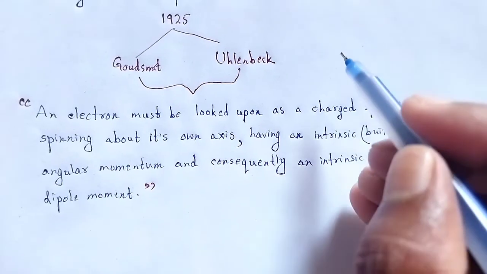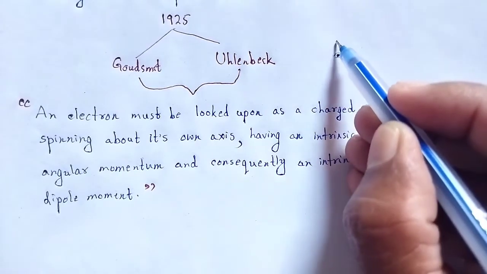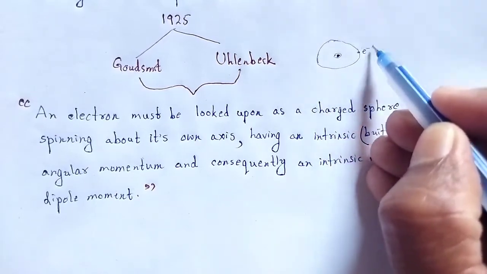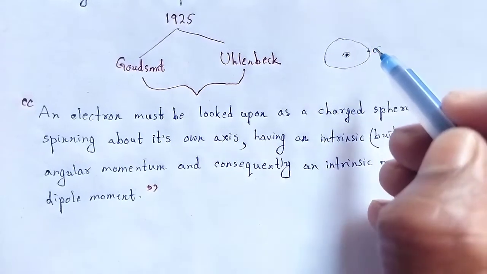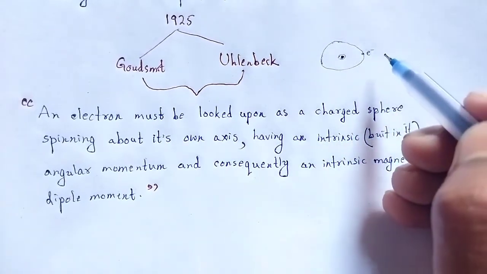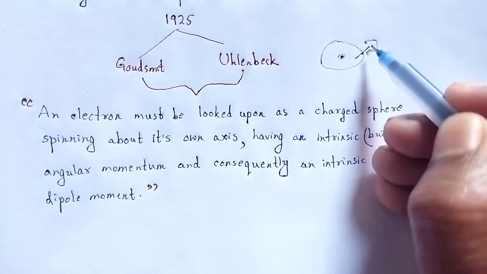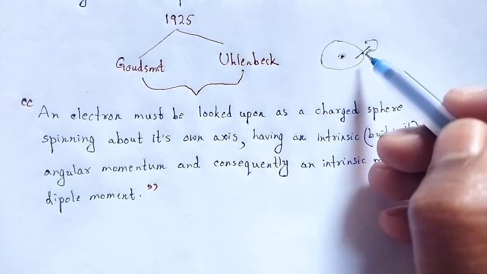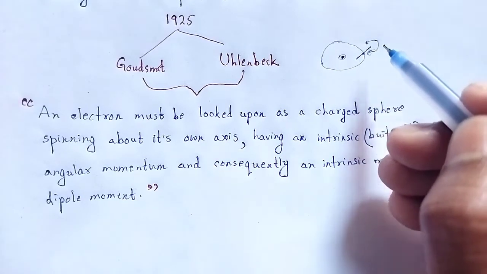Look here, we consider that is the nucleus. An electron is revolving around the nucleus, and that electron, looked upon as a charged sphere, spins about its own axis. It revolves around the nucleus, and at that moment it spins around its own axis.